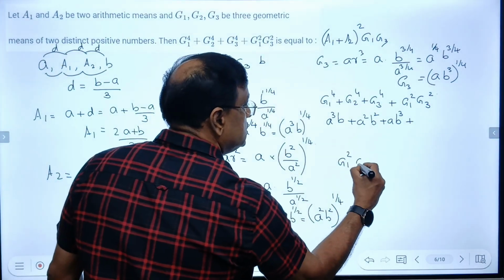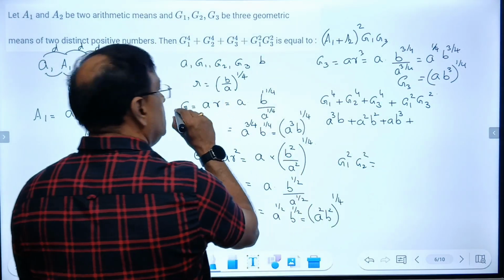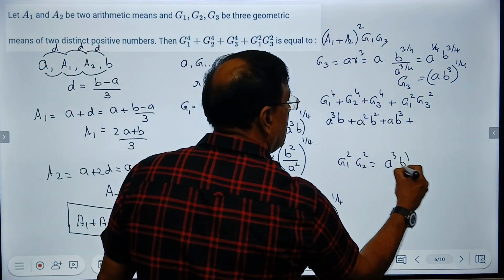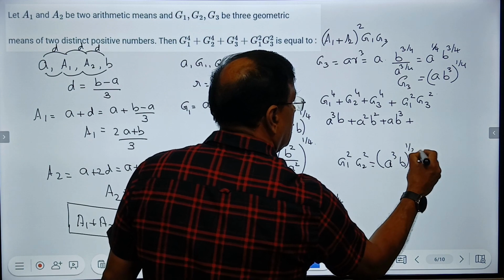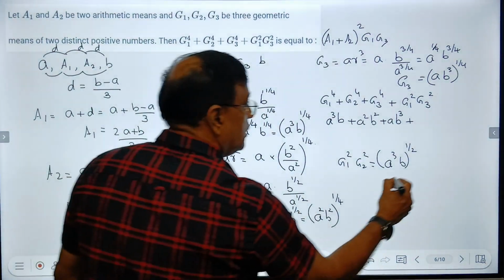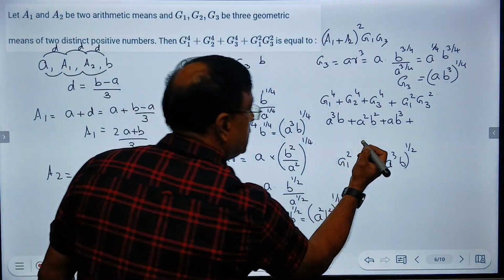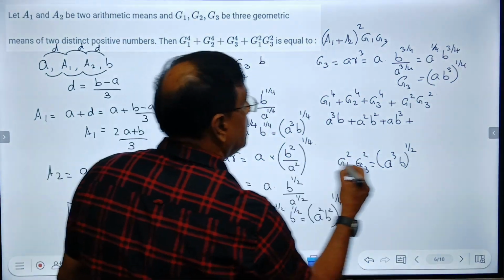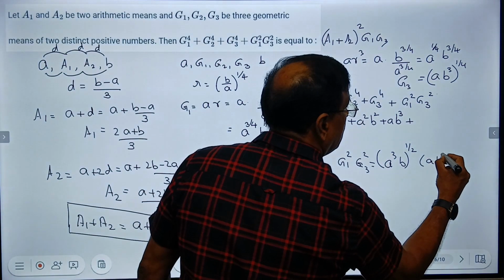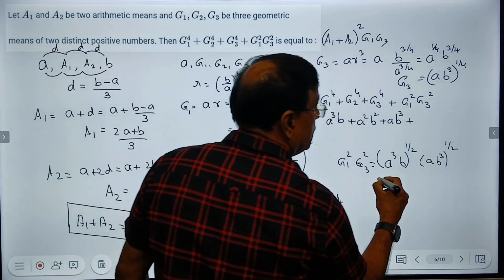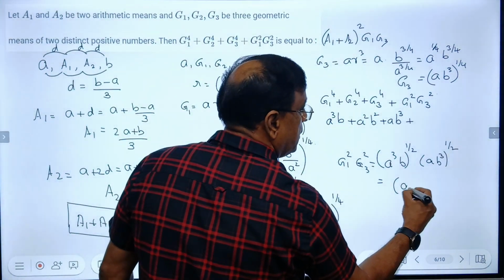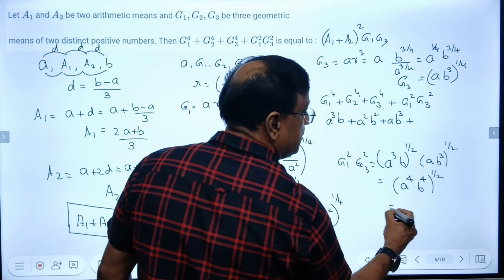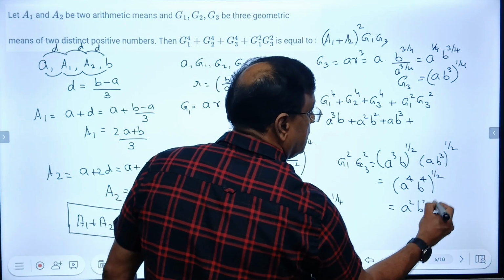Let me do it separately. g1 square will be (a cube b) power half, and g3 will be (a b cube) power half. So since the powers are same, it is (a power 4, b power 4) whole power half, which is same as a square b square.